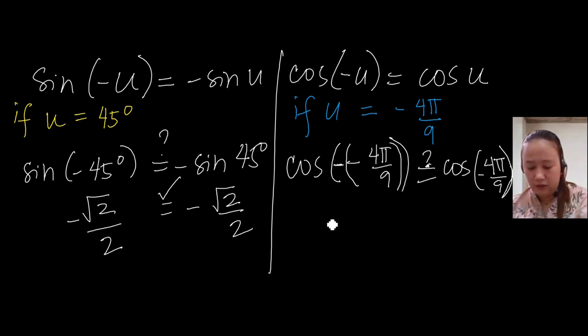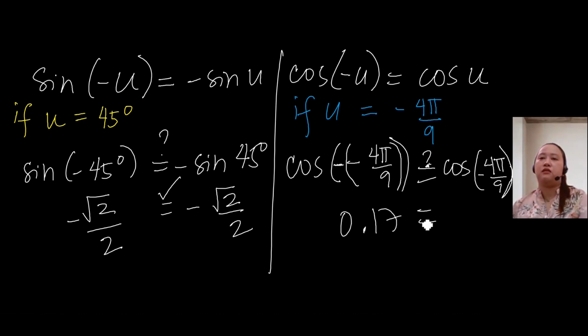The answer is 0.17. Then on the right side, we have cosine negative 4 pi over 9. Still the answer is 0.17. Therefore, the two sides are equal.